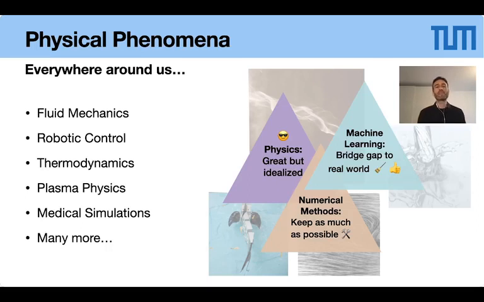At first sight that might sound a bit trivial, but in a way, this machine learning can kind of clean up and give us the transition from these idealized computer-based descriptions towards real-world applications, whether that's matching observations, interacting, controlling, or reducing numerical errors in the simulations.